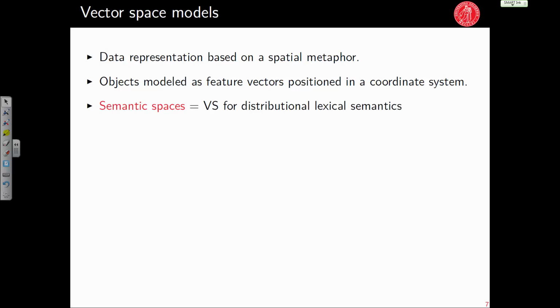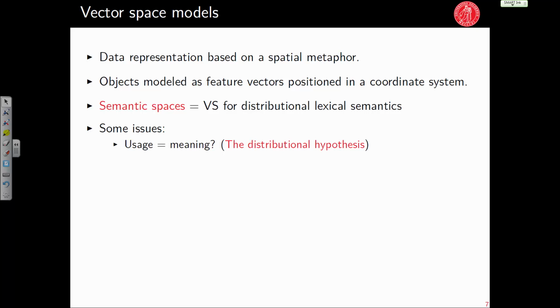A semantic space was a vector space model where we utilize this distributional lexical semantics hypothesis to represent the meanings of words and the similarity between these different words. So we introduced the distributional hypothesis, which is: you shall know a word by the company it keeps.